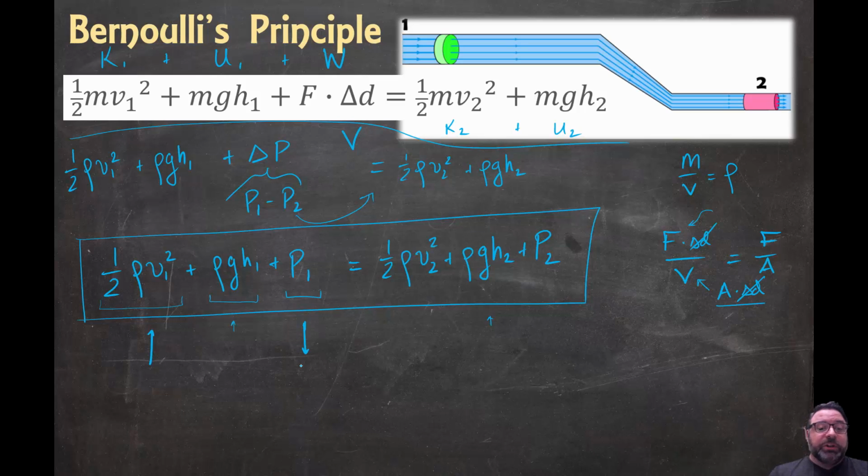So that matches up. The other one was we held the velocity constant and changed the height. In that case, this term we don't have to worry about. And it's really saying that the density times g times h plus the pressure has got to remain constant. So if the height goes down, the pressure has to go up.